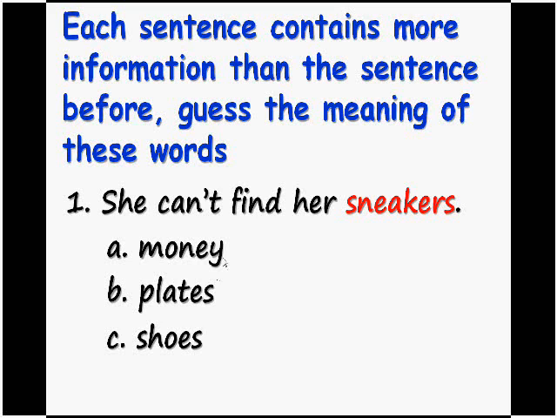For me, sneakers can mean money, can mean plates, can mean shoes. I have no clue of knowing the meaning of the word sneakers. Nothing. Okay, so for me, it can mean all of them. So money or plates or shoes can be the correct answer.